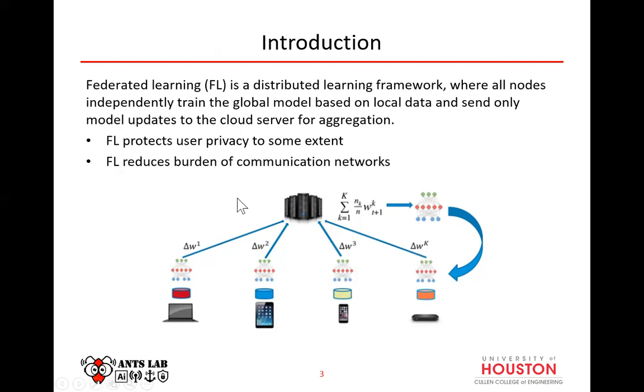And the model size is usually much smaller than the training data size. So comparing with the centralized training manner, where all nodes need to send the original data to the cloud server, federated learning reduces the burden of communication networks.